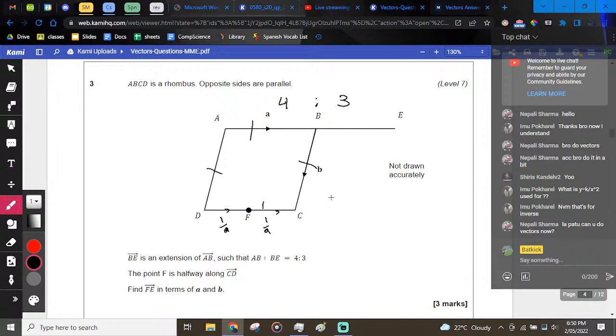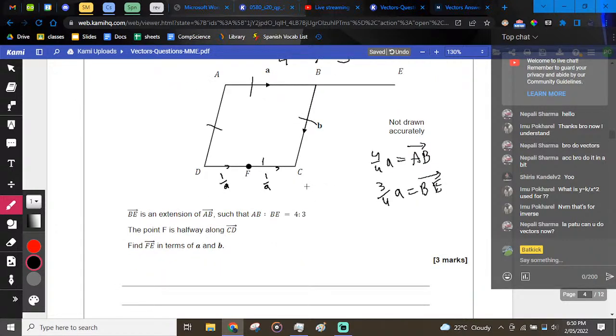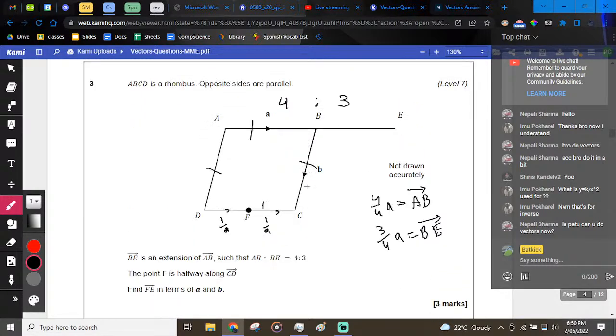First, we can work out how long it is from B to E. That's pretty easy, because if this is 4 and this is 3, then 4 over 4a is A to B, and 3 over 4a is going to be B to E. The question's pretty easy, honestly, just a lot of steps.